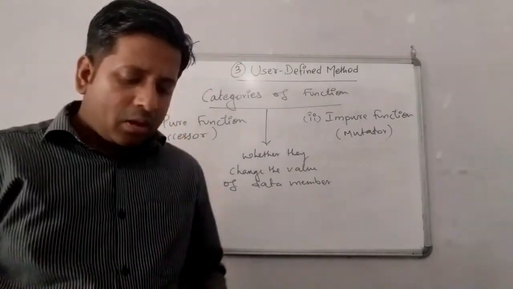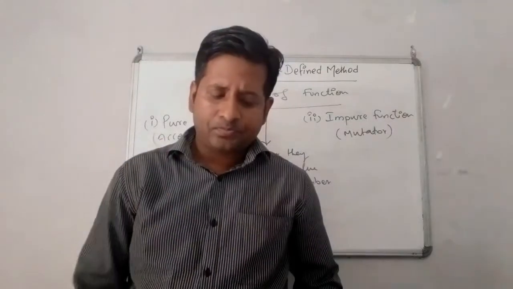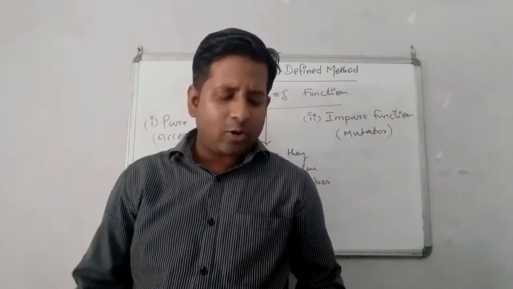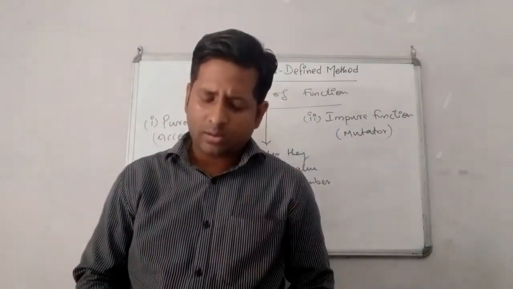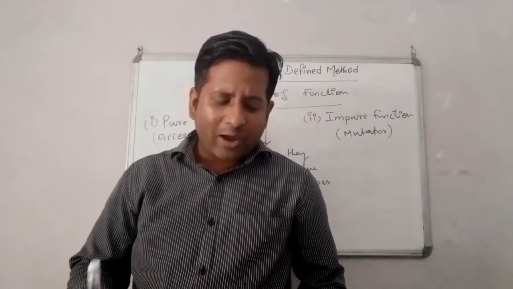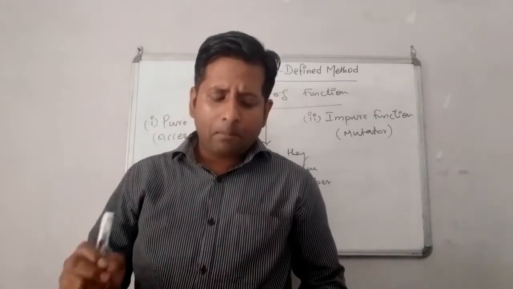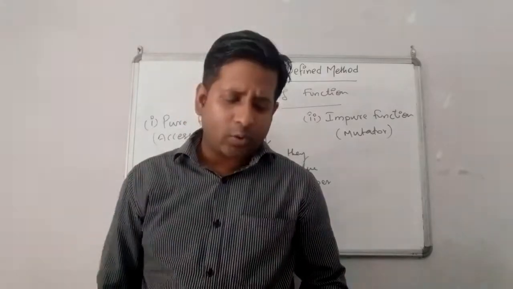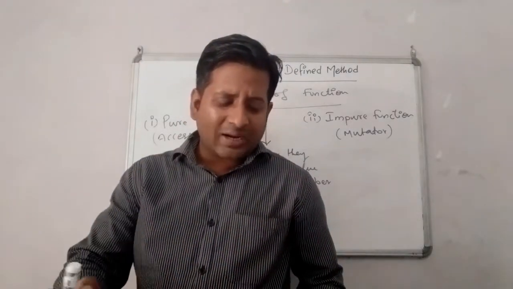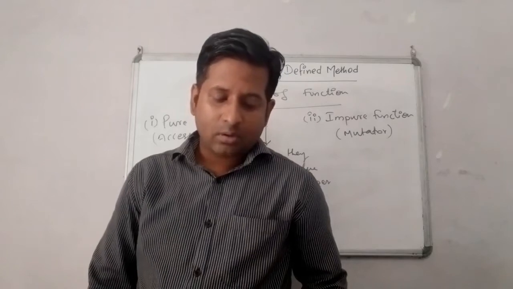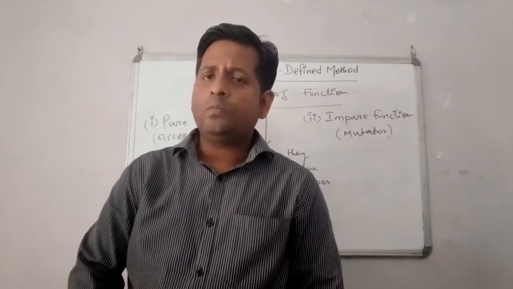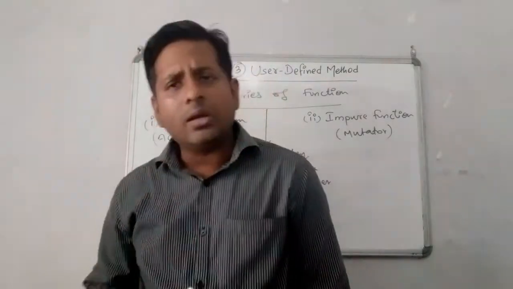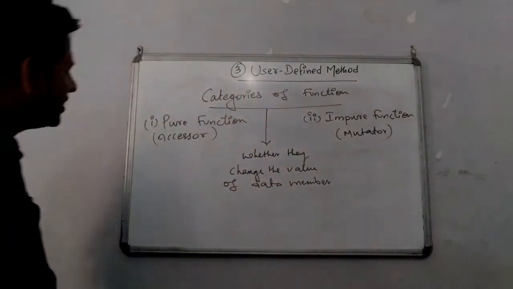So children, a function is called pure if it returns the same value for the same arguments. That means the value of the instance variable could not be modified, like there is no side effect. That means in case of a pure function, whatever we return, it doesn't change the state of an object.